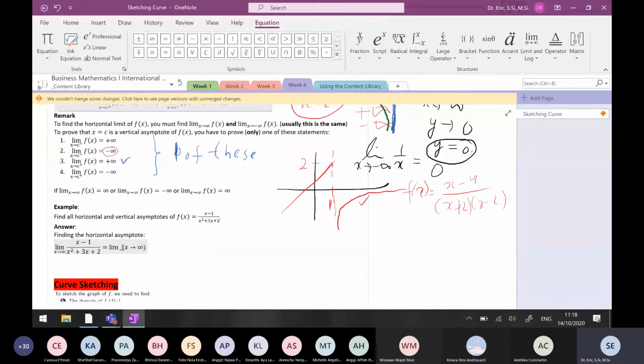I can factor out the denominator here: it must be (x plus 2)(x plus 1), I think. Yes, I think it's right.